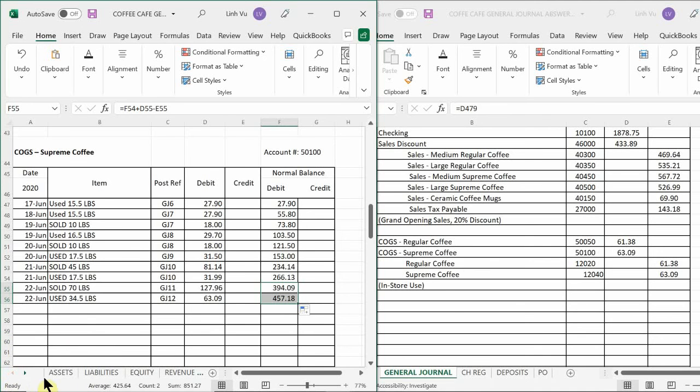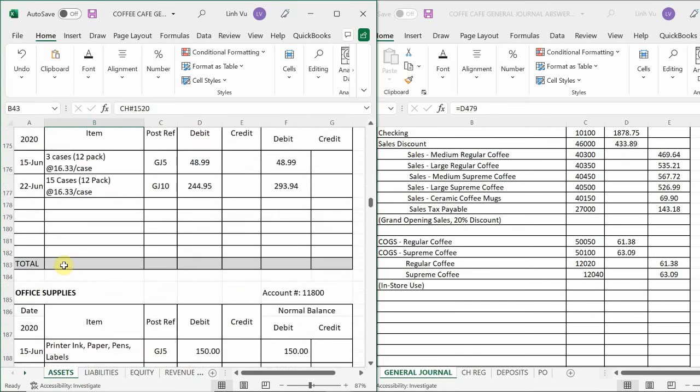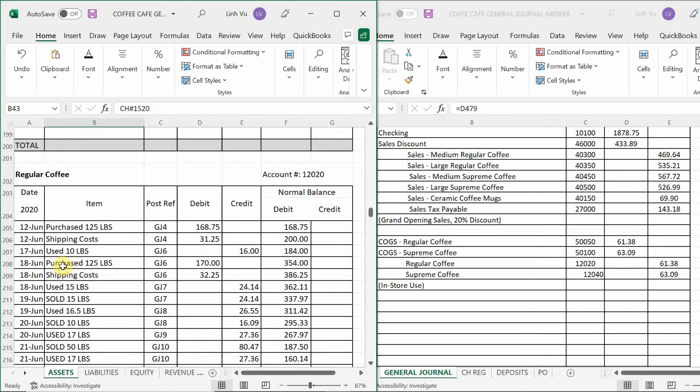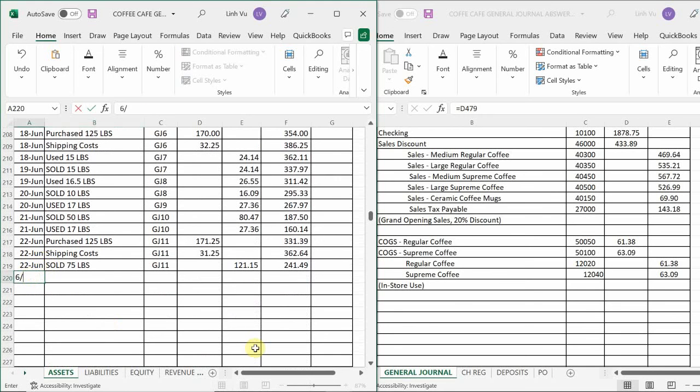Last but not least, I need to update my inventory. Okay. Regular coffee. $61.38.